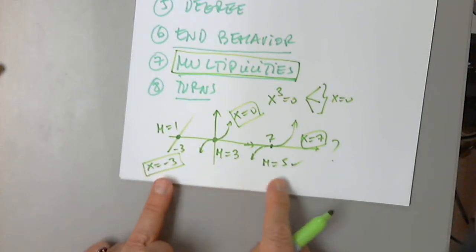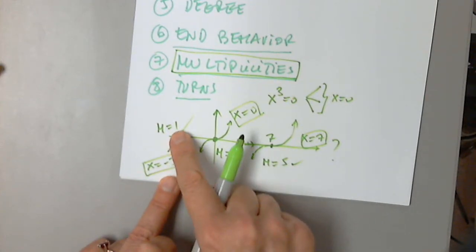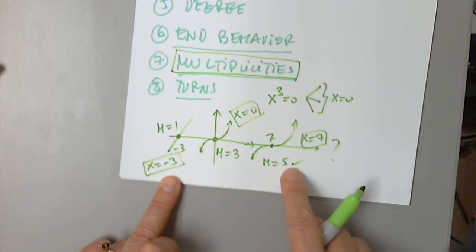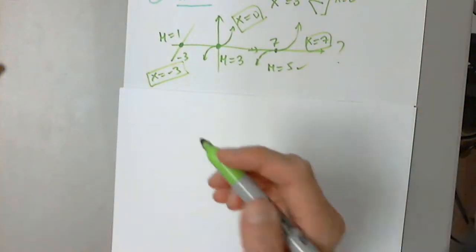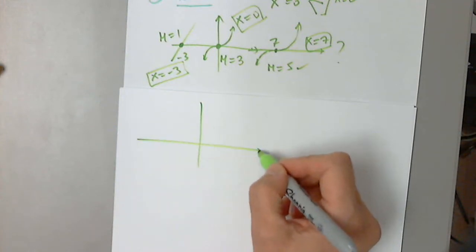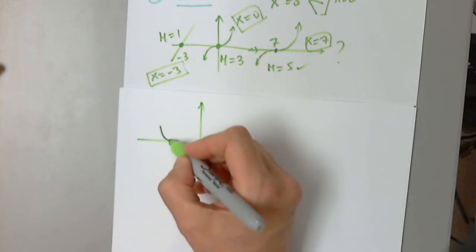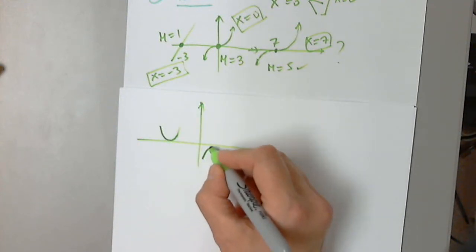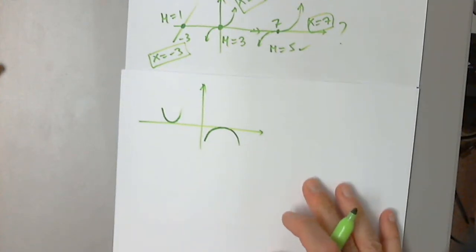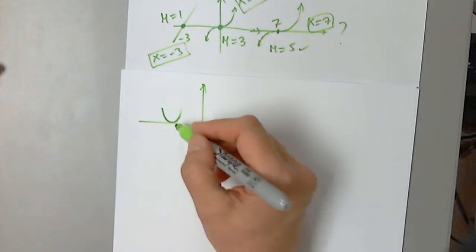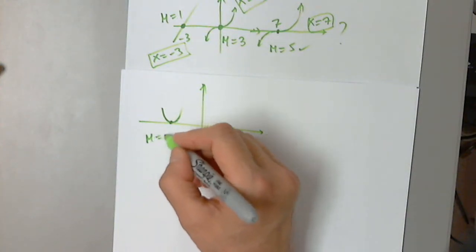I'm only talking about odd multiplicities here. Multiplicity 1, multiplicity 3, and multiplicity 5, and beyond. This is odd. This has nothing to do with the degree of the function. But now, let's talk about this situation. Different, right? What is the multiplicity here?